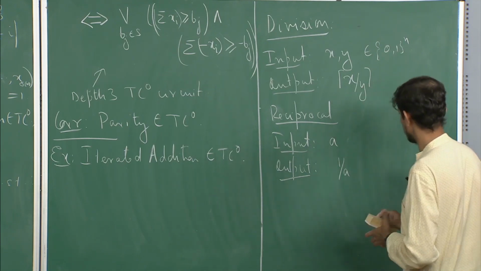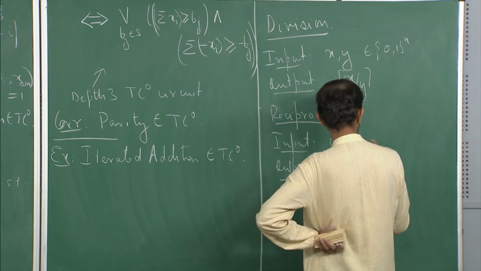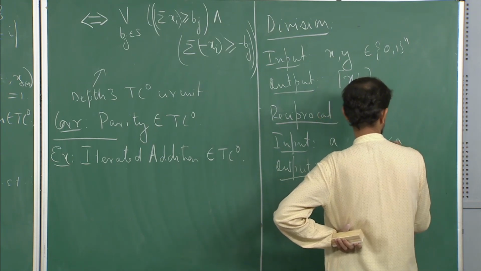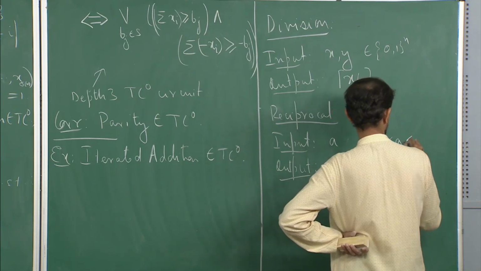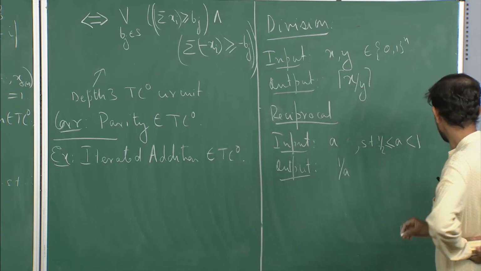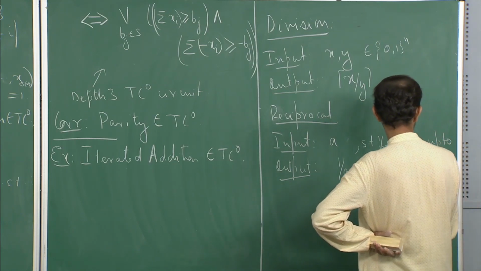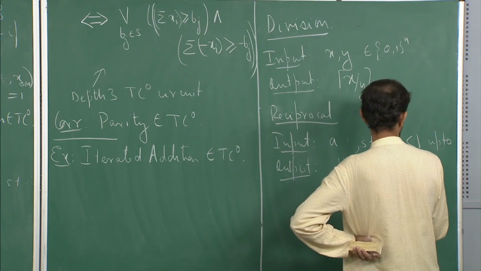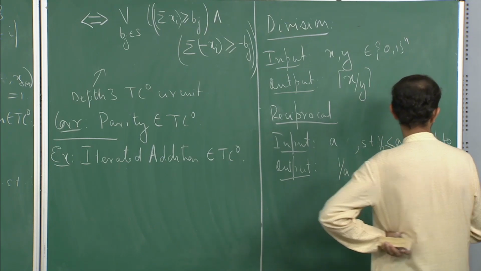Let me just write this a little differently. So we'll assume that we have A such that A lies between half and 1, up to n digits of accuracy.